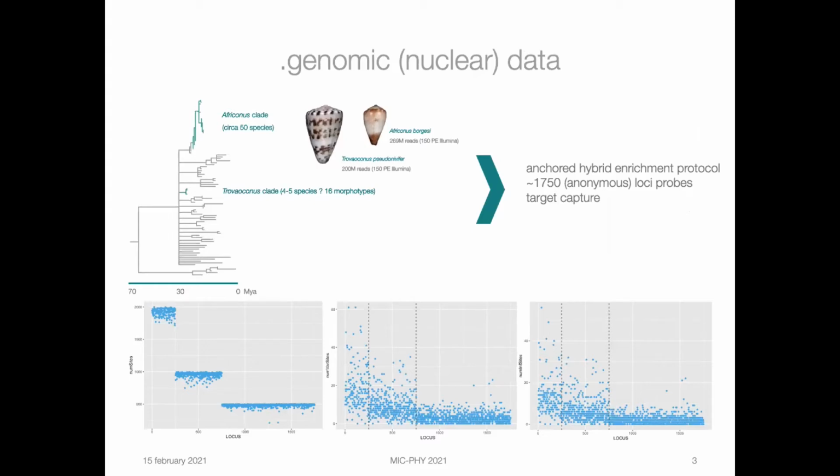Very shortly, from raw sequencing of 2 exemplars from each of the Cape Verde variations, we used the anchored hybrid enrichment protocol and ended up isolating roughly 1,700 anonymous loci, doing target capture experiments with loci of different sizes, from almost 2000 bp to 500, with these being the distributions of variable and parsimony informative sites.